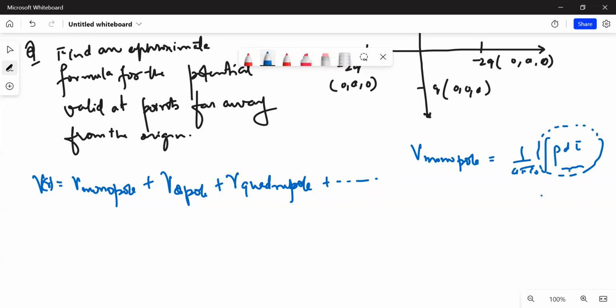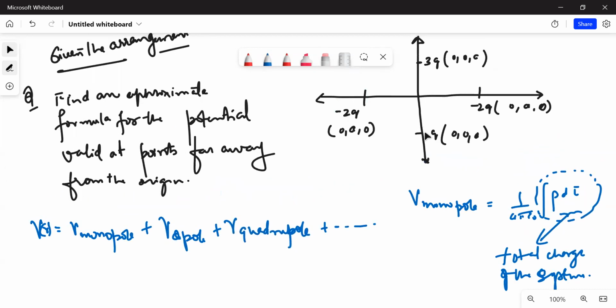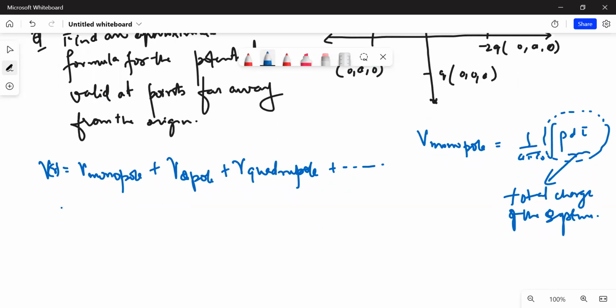In this particular question, you can clearly see that the total charge of the system is 0. Minus 2q minus 2q is minus 4q, and 3q plus q is 4q. So the total charge of the system is 0, and V monopole would be 0.